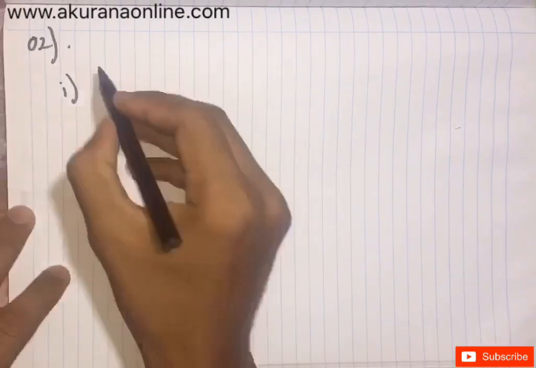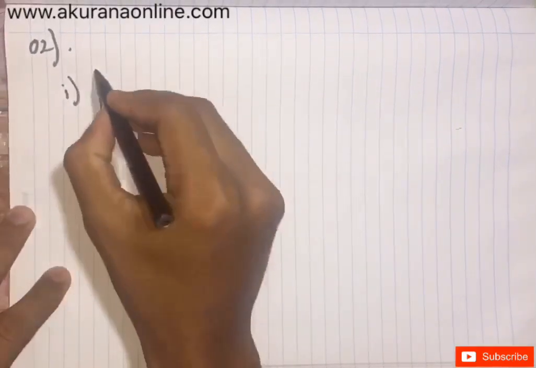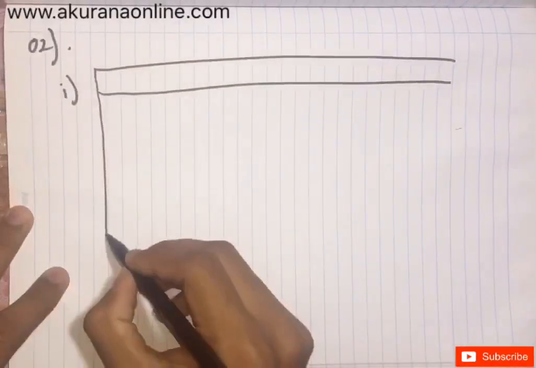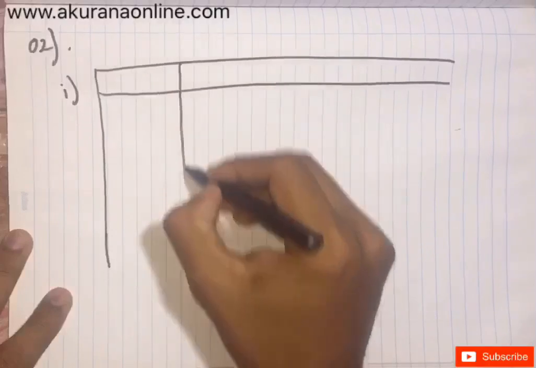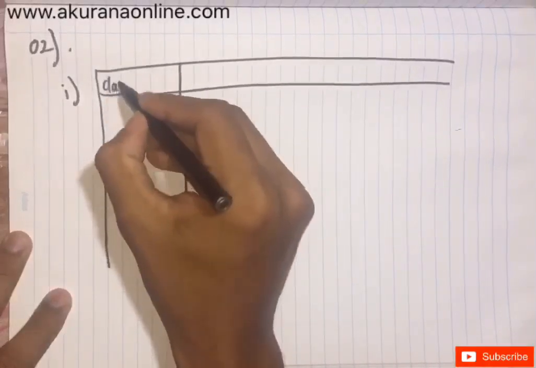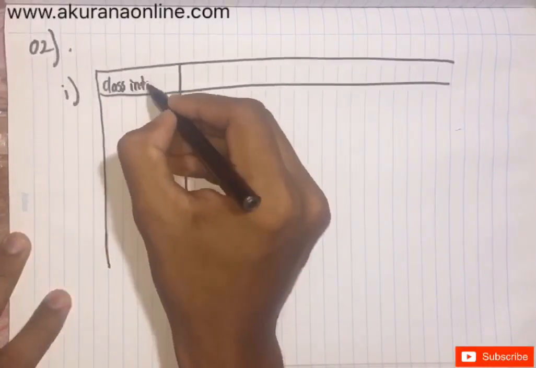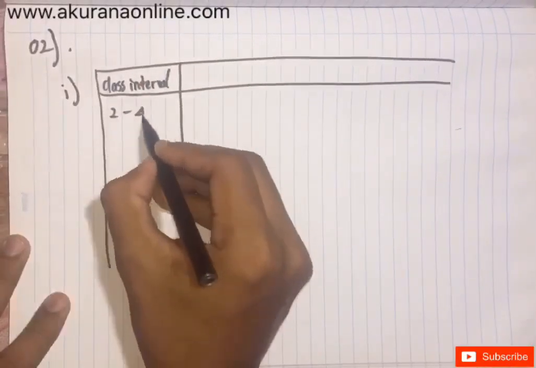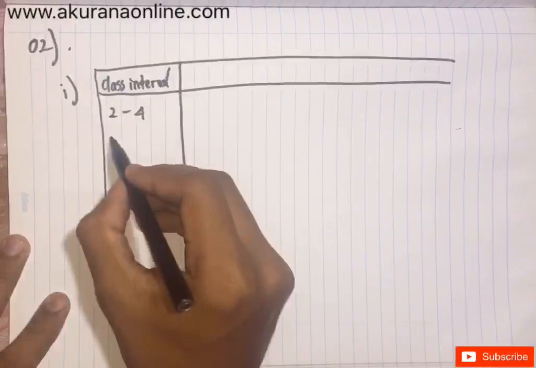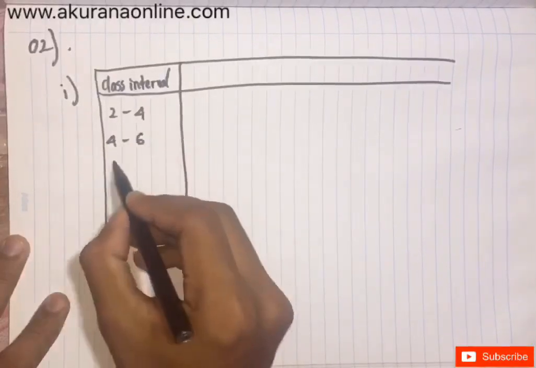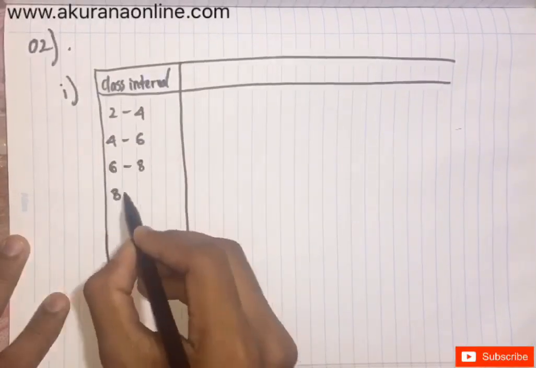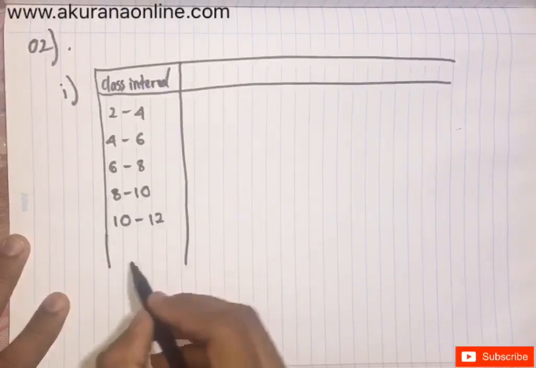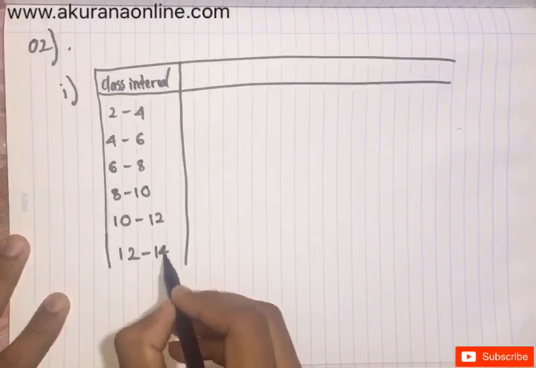You have to create a chart. In the first column, you write the class interval. What are the interval values given? Now you already know, that is given here: 2 to 4, and then 4 to 6, 6 to 8, 8 to 10, 10 to 12, and then 12 to 14.